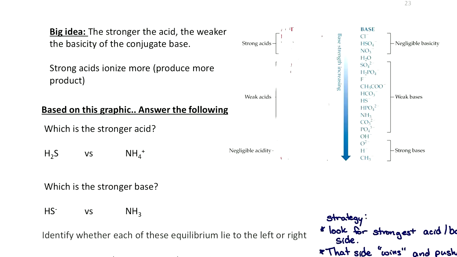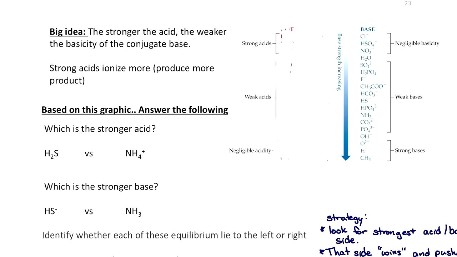Let's do the first one. Which one's the stronger acid? Now the question's harder, because do I give you acids? No, I give you bases. But can we make a conclusion about the acid if I give you the bases?